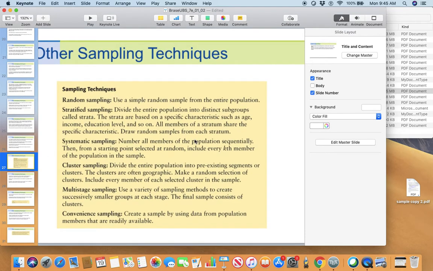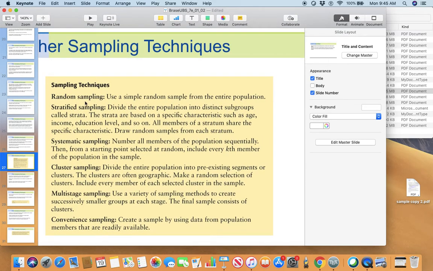So, a summary of the sampling techniques. Random sampling: you use a simple random sample from the entire population. Stratified sampling: divide the entire population into distinct subgroups called strata. The strata are based on a specific characteristic such as age, income, education level, and so on.